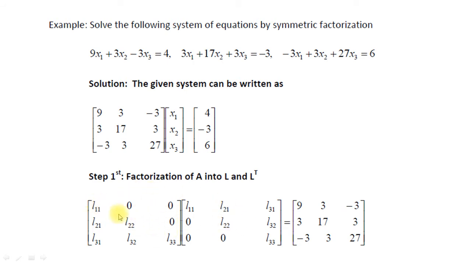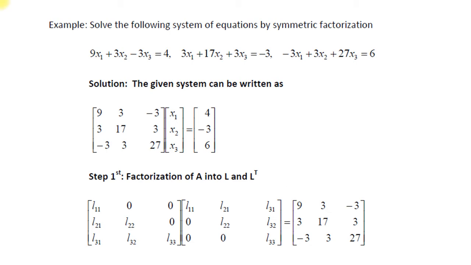So the diagonal entries L11, L22, L33 are the same in both. This is the lower triangular matrix, this is the transpose of the lower triangular matrix, and this is the matrix A.